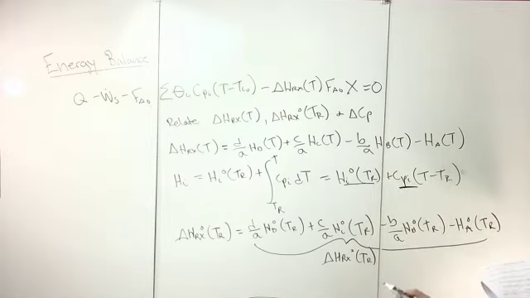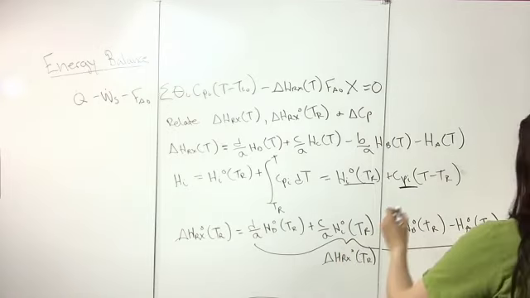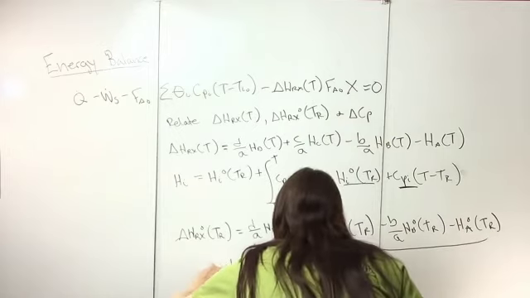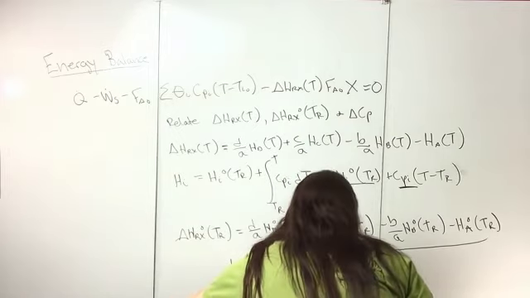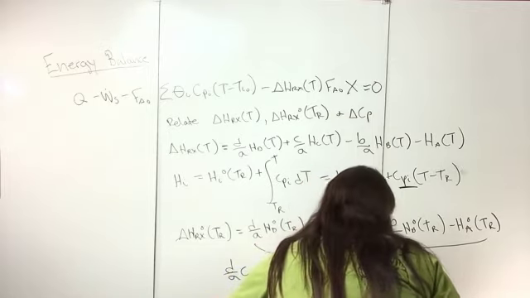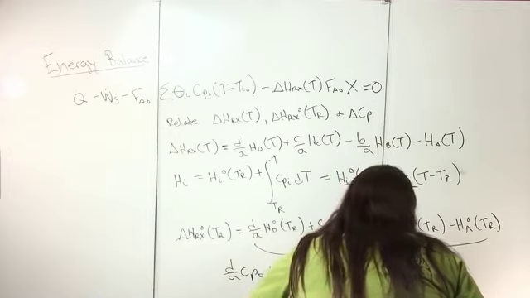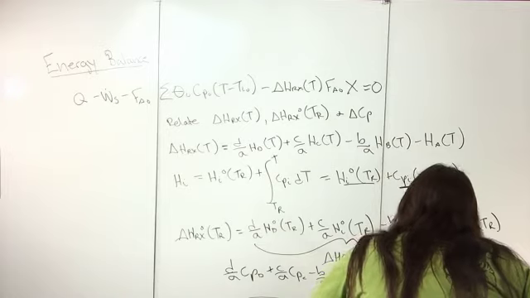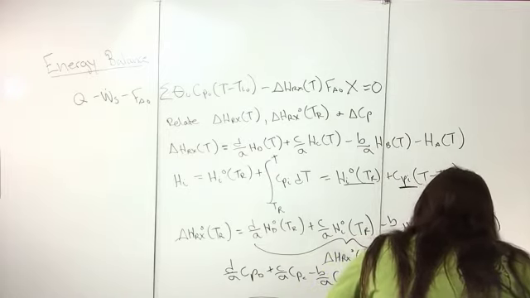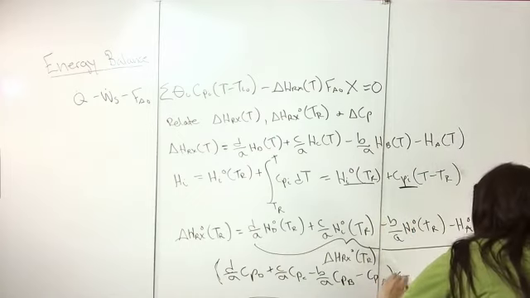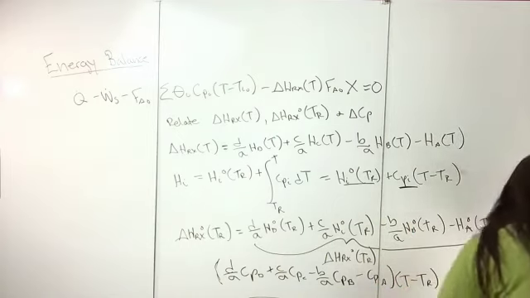So if we do that, we have d over a Cp_D plus c over a Cp_C minus b over a Cp_B minus Cp_A, and then this would all be multiplied by T minus T reference.